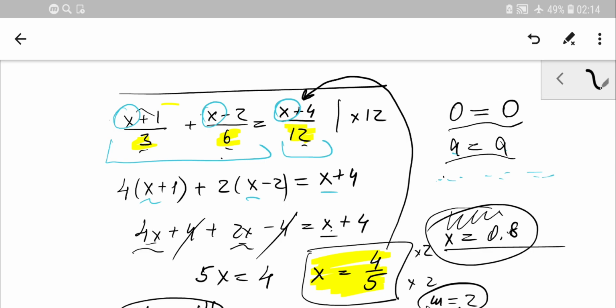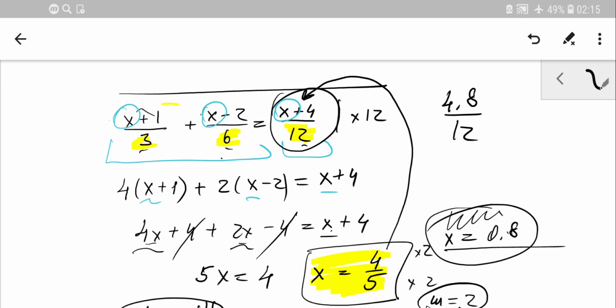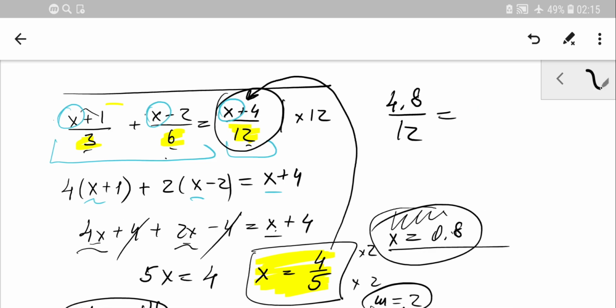I'll just do it here to show you how it works, and hopefully I'll get the left hand side the same. So x plus 4, I'll get 4.8 over 12. Now I need to divide using a calculator, or just cancel. 48 and 12 will be cancelled, leaving you with 4 on top, and instead of 0 of course you'll have 10.